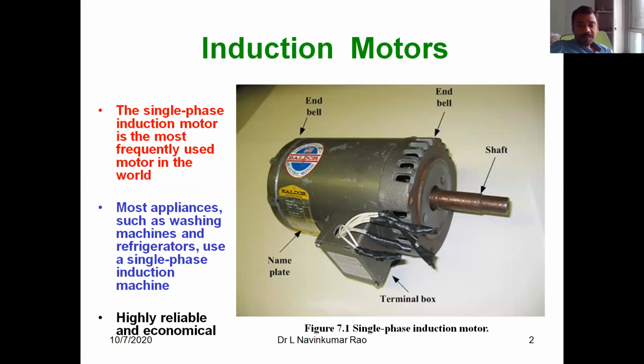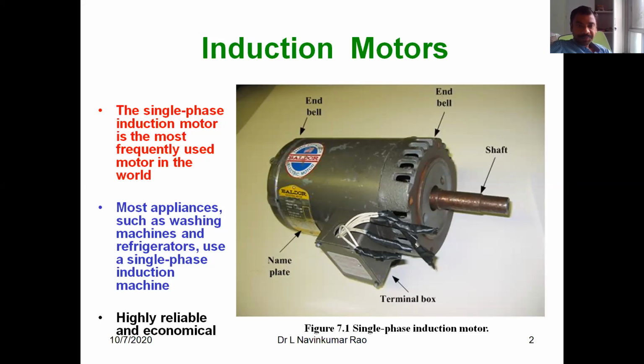As we know, AC supply is available, therefore we mostly use single phase induction motors. It is the most frequently used motor in the world. Examples are washing machines and refrigerators, all single phase induction.